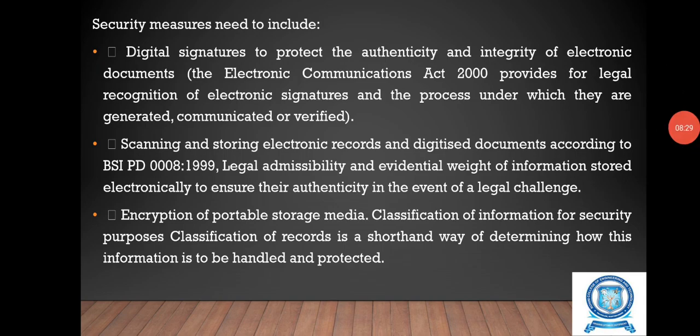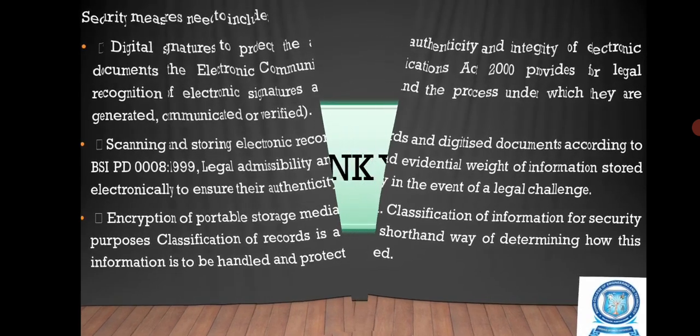Security measures need to include digital signatures to protect the authenticity and integrity of electronic documents, and scanning and storing the electronic records and digitized documents according to the laws on legal admissibility and evidential weight of the information stored electronically, to ensure their authenticity in the event of a legal challenge. Other measures include encryption of portable storage media, classification of the information for security purposes, and classification of the records in a shorthand way for determining how this information is to be handled and protected.